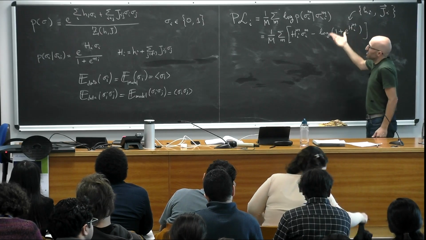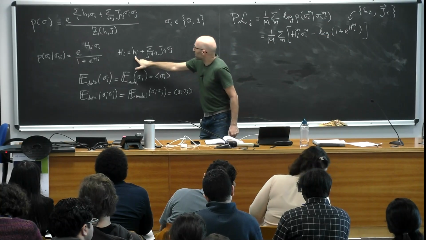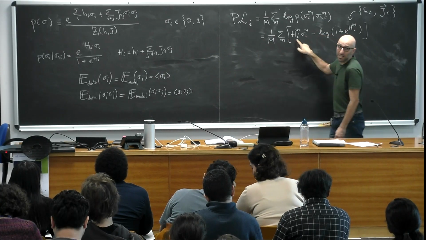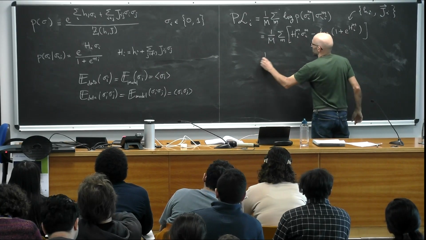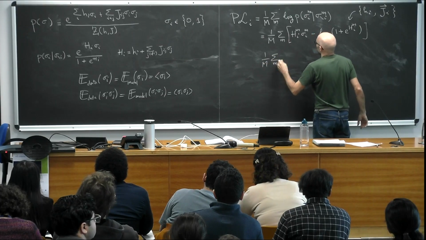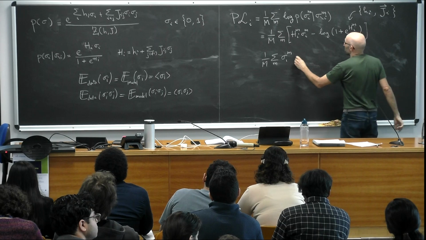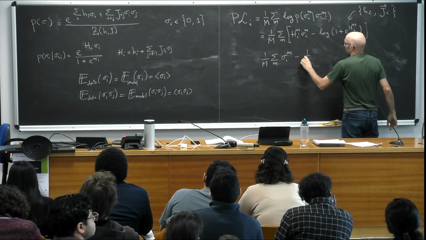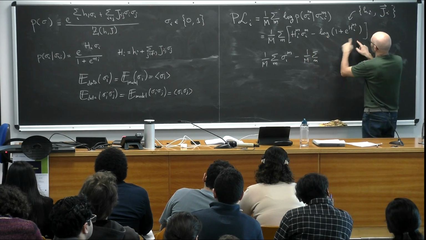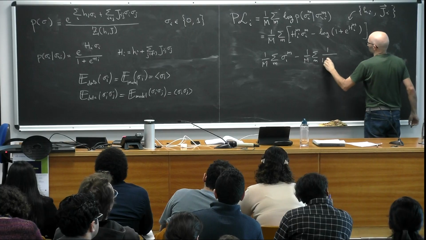So when you take the derivative with respect to h_i, for example, here you have an h_i, so you will get something like 1 over M sum over m of sigma_i^m. And here you have minus 1 over M sum over m. Here you have 1 over 1 plus e^a.